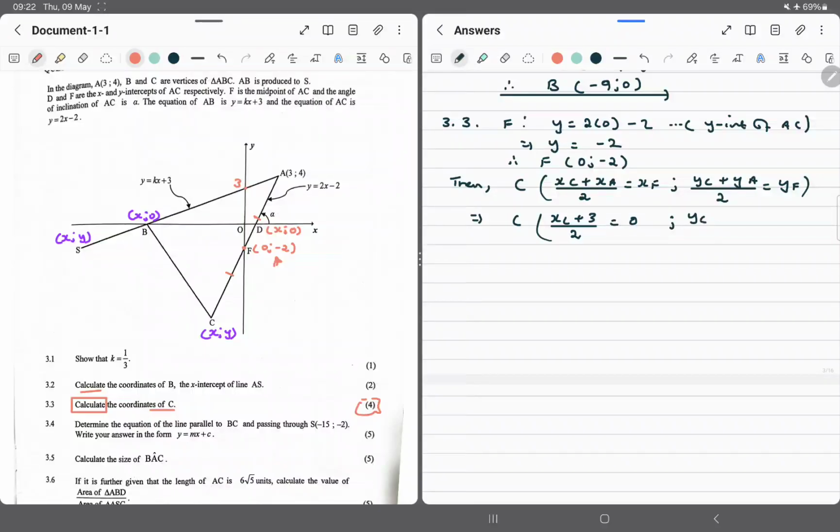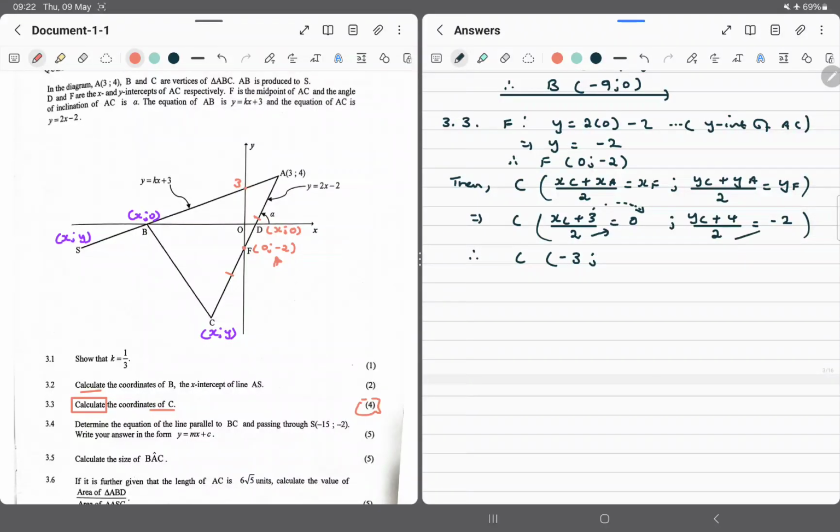And y at C plus 4 over 2 is equal to minus 2. So I just cross multiply and then transpose my 3. So 2 times 0 is 0, and remember this is 0 over 1, not 0 over 0; you don't divide by 0. So we transpose 3, and that tells us that this is minus 3.